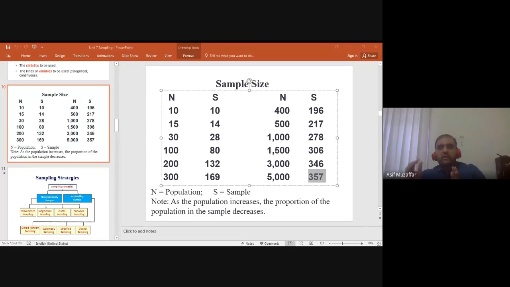Bias means, is it telling you the whole opinion of the young doctors in Oman, or is it just related to one part of Oman?